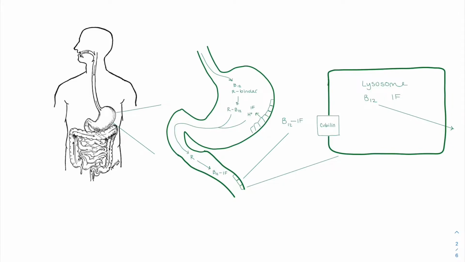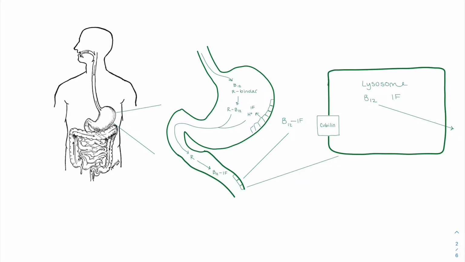In the small intestine, things like bile and pancreatic enzymes come in and change the pH of our small intestine to be a little more basic. Because it's more basic, this R binder is broken off of the B12, and the B12 is able to create a complex with the intrinsic factor.